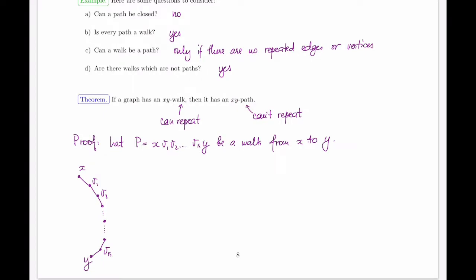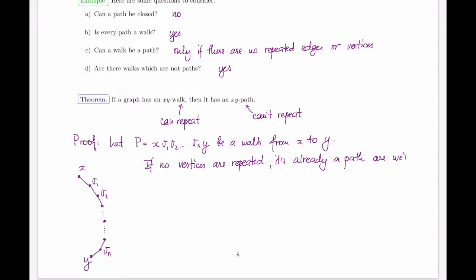Well, first of all, maybe there are no repetitions in the first place. So that's our first and easiest case, but we do have to state it. So if no vertices are repeated, notice that if no vertices are repeated, then no edges are repeated, then it's already an xy path. It's already a path, and we're done.